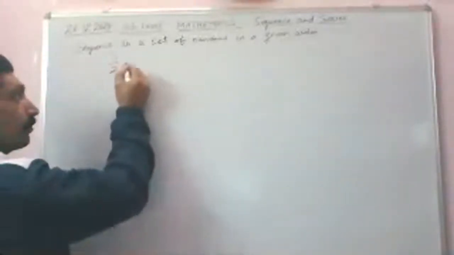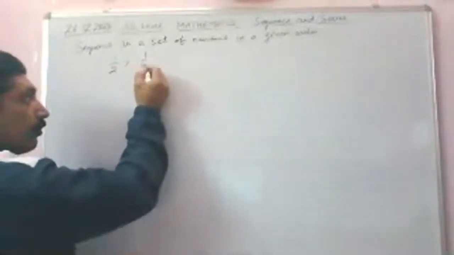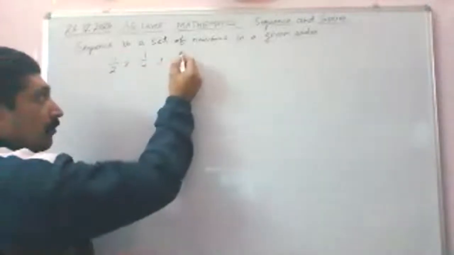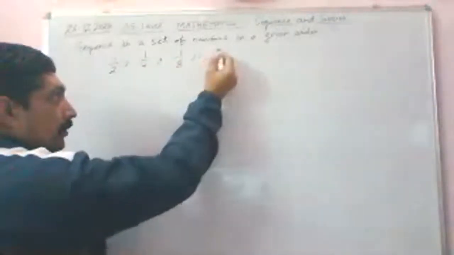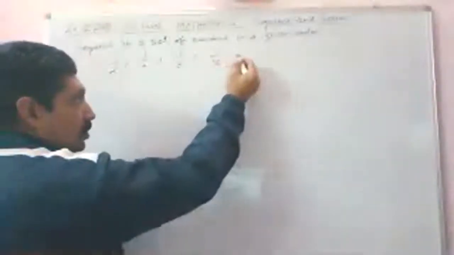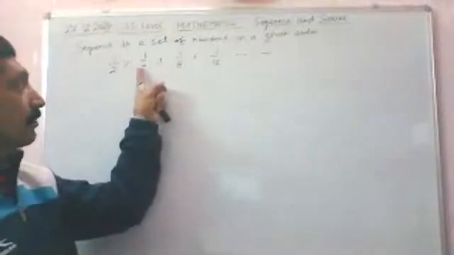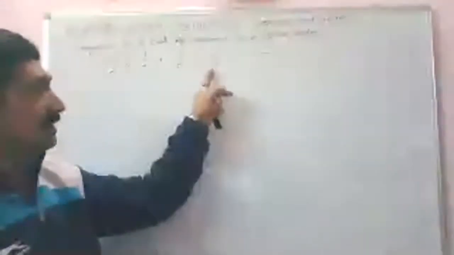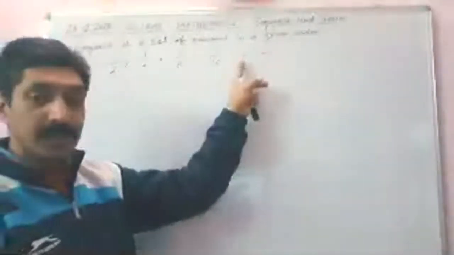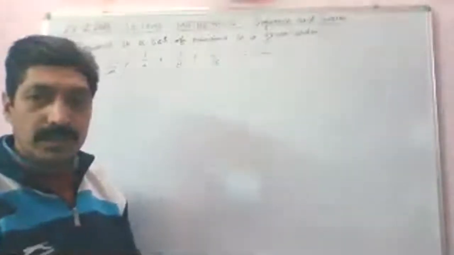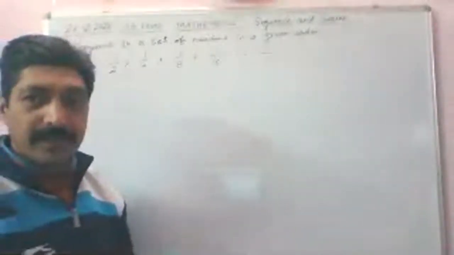Like we have 1 upon 2, 1 upon 4, 1 upon 8, 1 upon 16, and so on. Here, 2 doubled is 4, 4 doubled is 8, 8 doubled is 16, and next maybe 1 upon 32, 1 upon 64, right? So there is a particular pattern here.